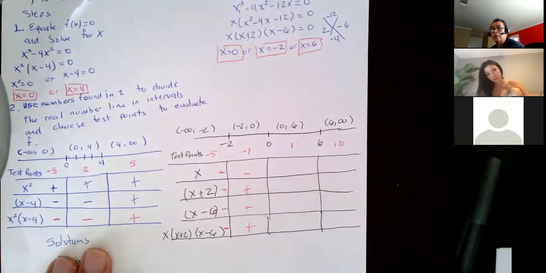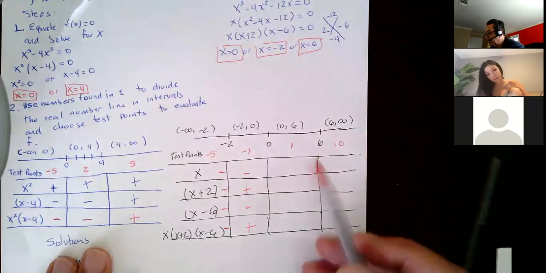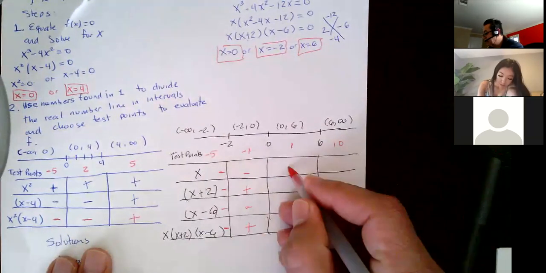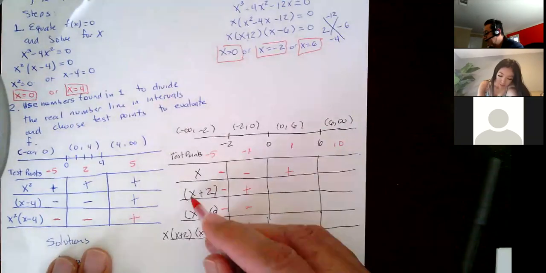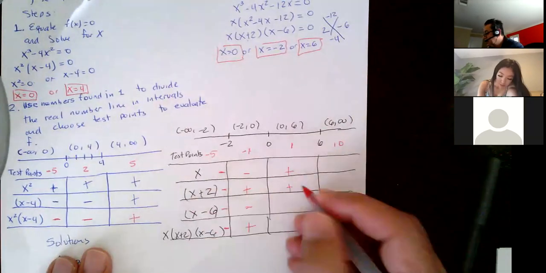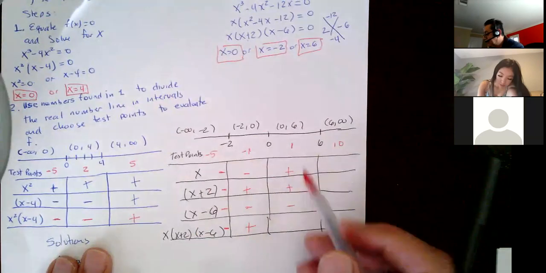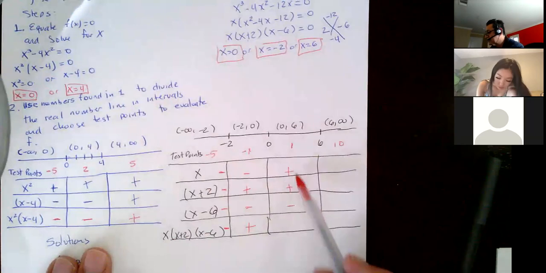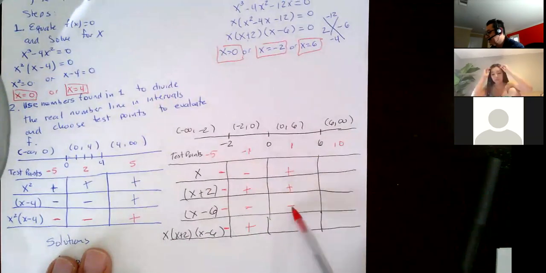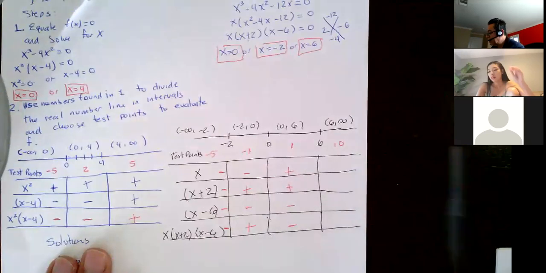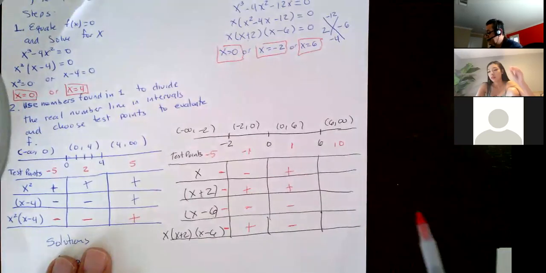Let's do the same with 1 and 10. 1 in x is positive, in x plus 2 also positive, in x minus 6 negative. Positive times a positive is positive, positive times a negative is negative.